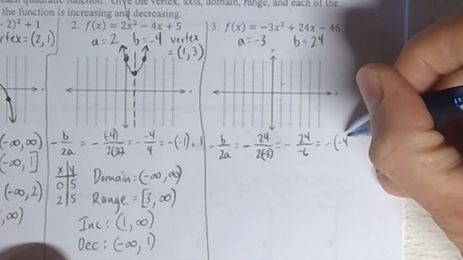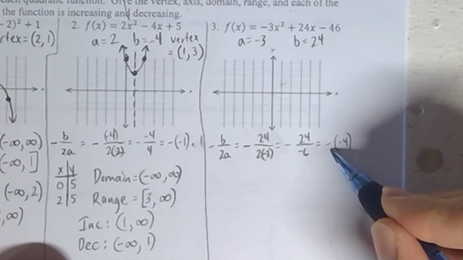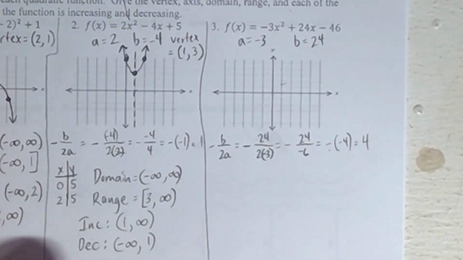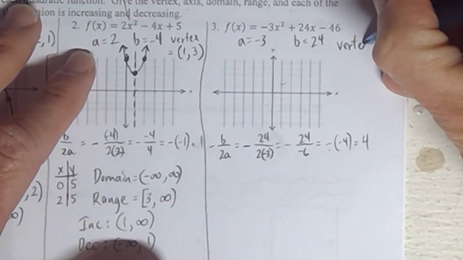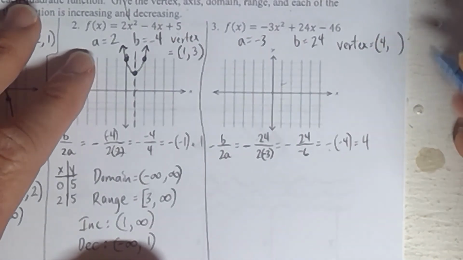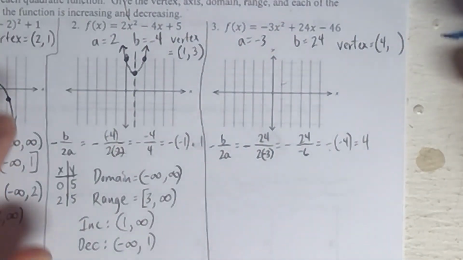And so then, now that I know what the fraction is equal to, multiplying that by negative 1 on the outside of the fraction, I get positive 4. So that means that the x part of the vertex is 4. The question now is, what is the y part of the vertex? The y part of the vertex, again, is found by plugging in.